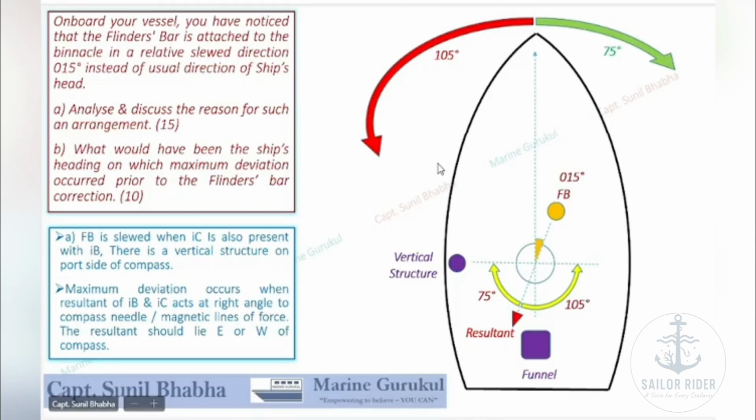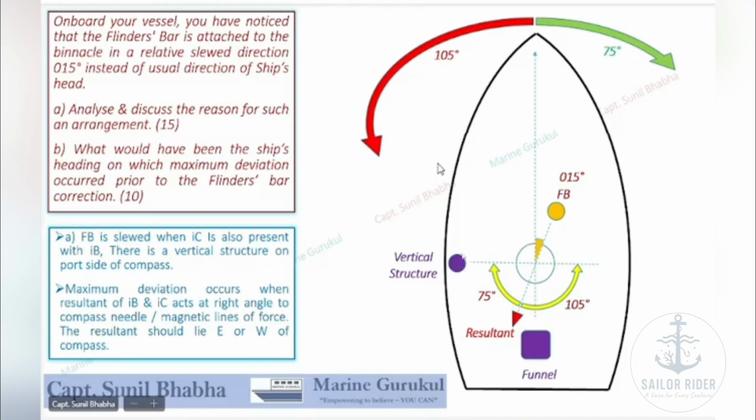Okay sir. The funnel, we know that it will be aft of the binnacle. This vertical structure on the port, is it not necessarily always 90 degrees from the funnel? I mean, how is it, sir? If it is not exactly on the port, then the angle will change, na sir?